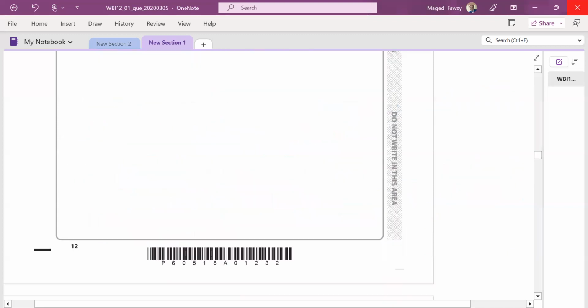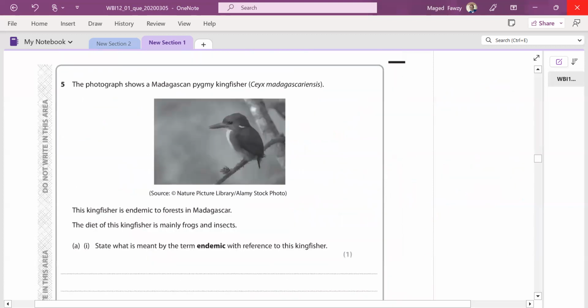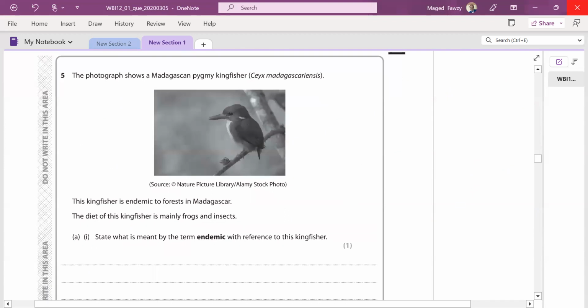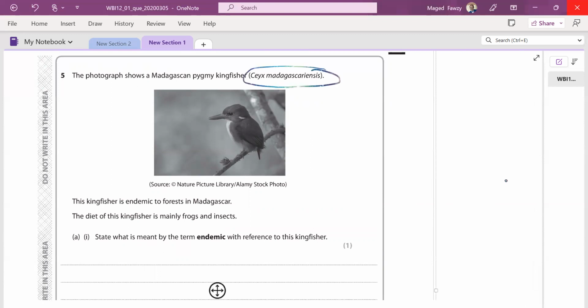We have covered another question. After pygmy kingfisher, he is giving you the Latin name for this. Geographical location. We will write that it is found in one geographical location. Kingfisher is found in one geographical location which is Madagascar.